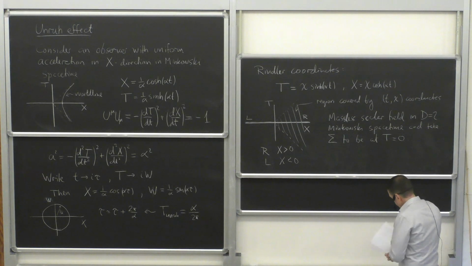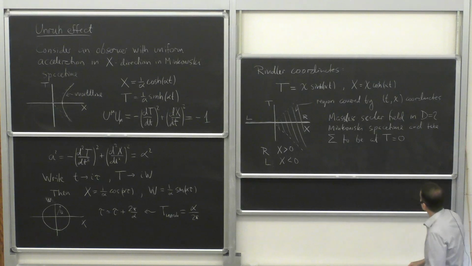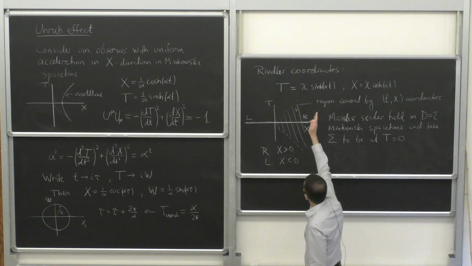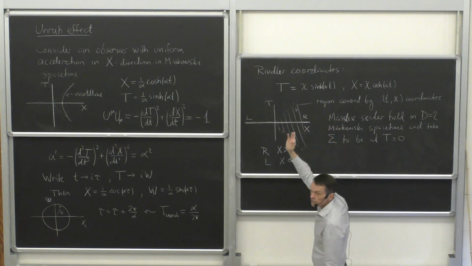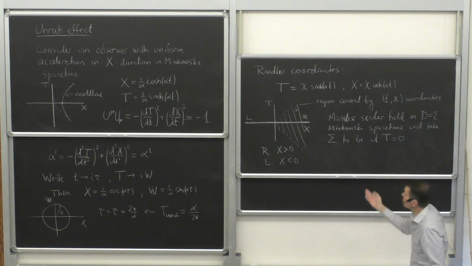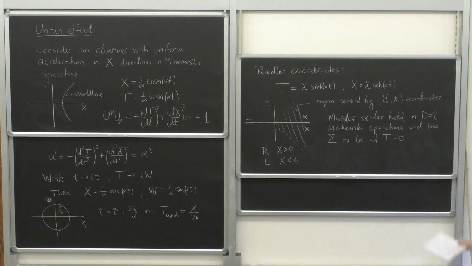I'm going to work with null coordinates on both sides, because I'm interested in radiation going out either to the left or to the right, or coming in. This is a massless field, so its waves are going to travel along a null direction.